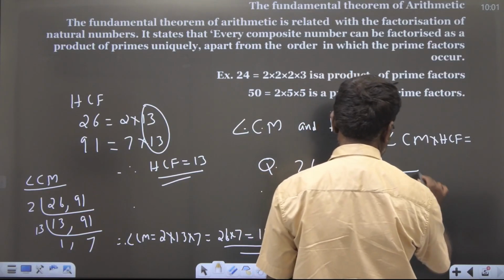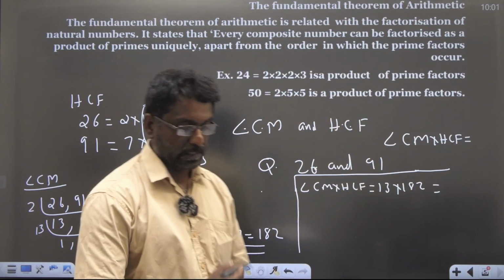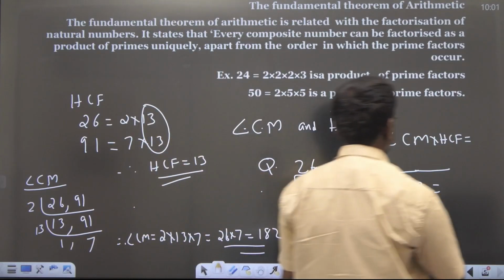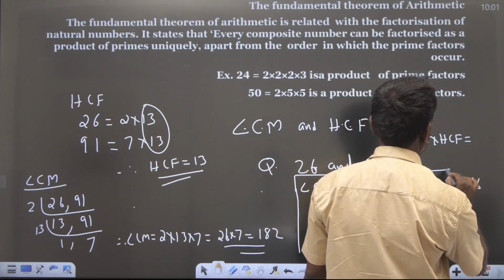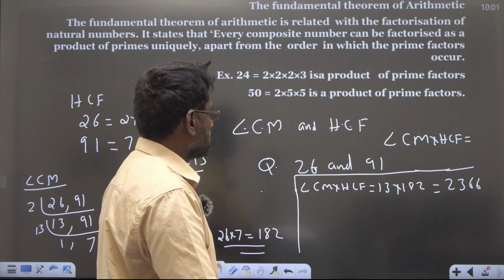LCM into HCF is equal to 13 into 182, which is 2366.